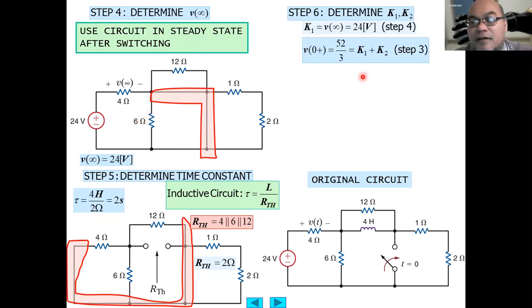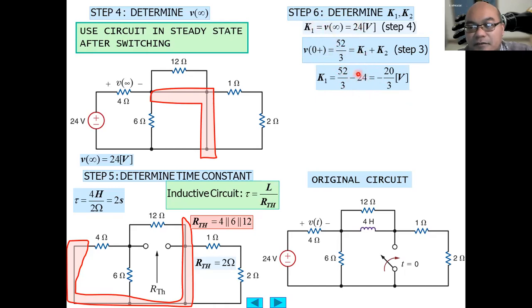This equals K1 plus K2. K1 itself equals 24 volt, so K2 equals 52/3 minus K1.